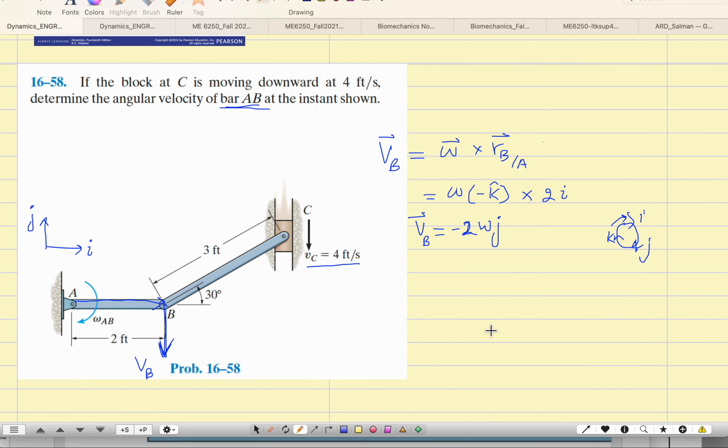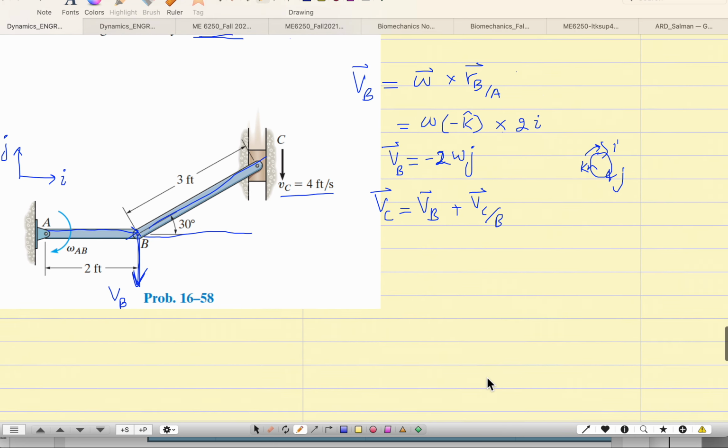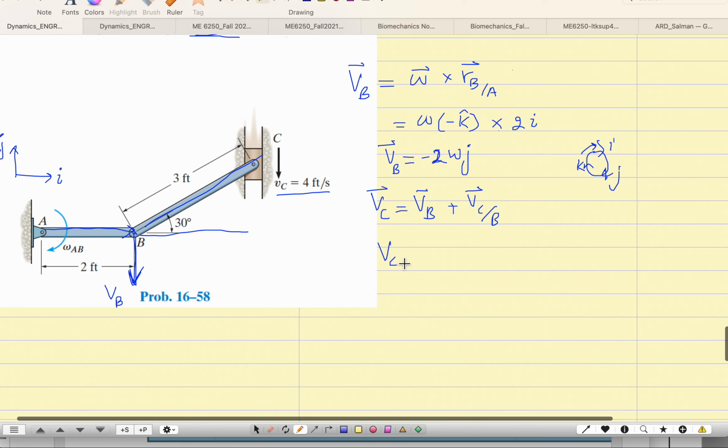And now let's compare the next link. This is the next link here. Now I'm going to use VC equals VB plus VC from B. Let's go slowly. What is VC from B?